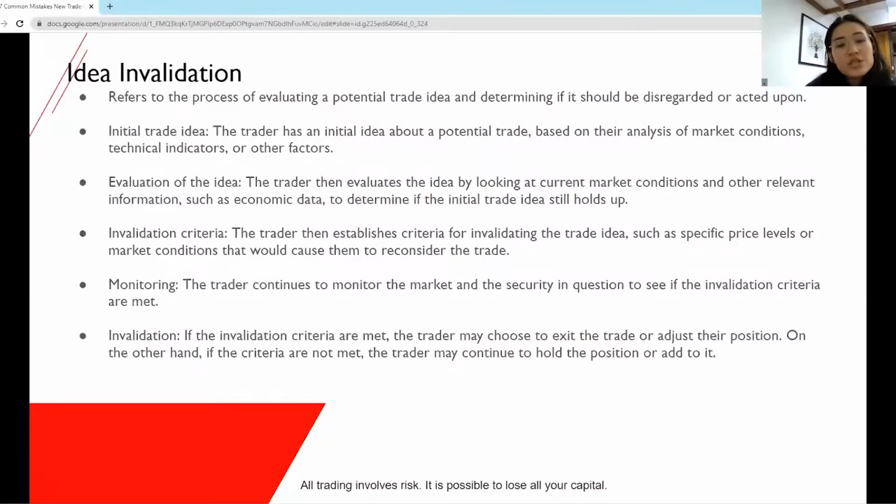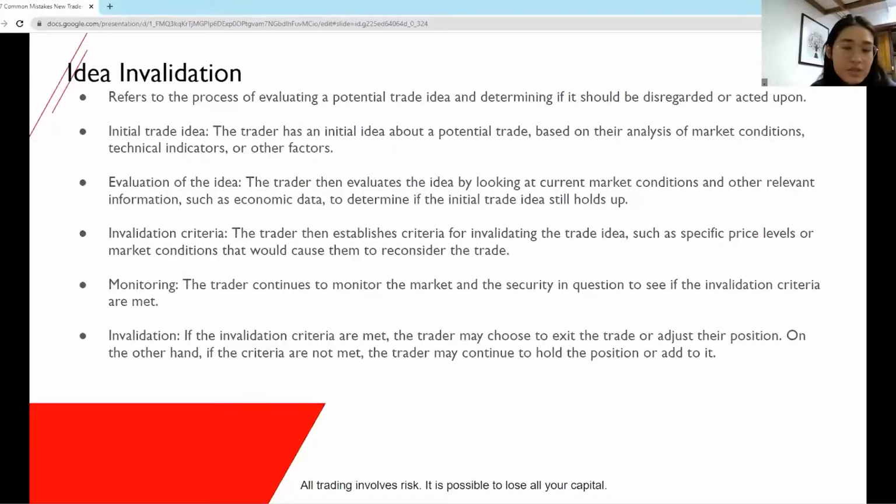So here's briefly the idea of invalidation if you still haven't understood so far. The idea of invalidation in trading refers to the process of evaluating a potential trade idea and determining if it should be disregarded or acted upon. Essentially, it's a way of determining if a trade idea still holds up in light of new information or market conditions. Here's how the process typically works.